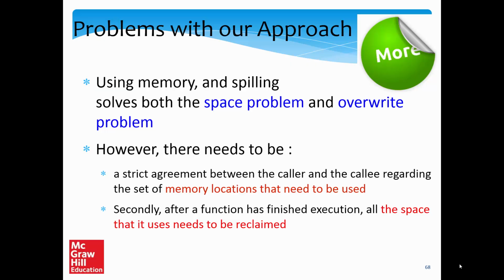However, using this memory based approach for both solving the space problem and the overwrite problem has issues. So let me just at this point slightly recapitulate what these problems are. The space problem basically says that we run out of registers while passing arguments. So for example, let's say a function takes 100 arguments. We don't typically write such functions, but theoretically we can, and it is very common to write functions with maybe 8, 9 or 10 arguments.